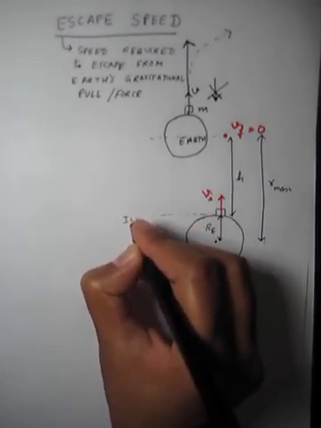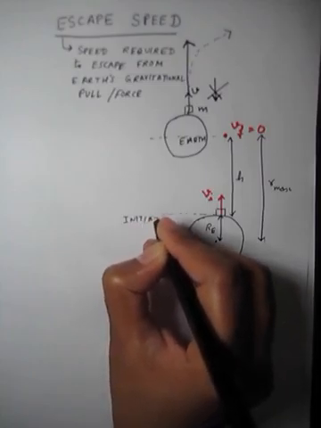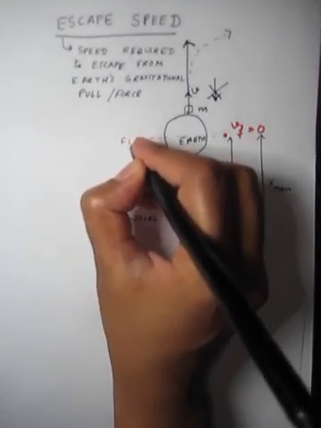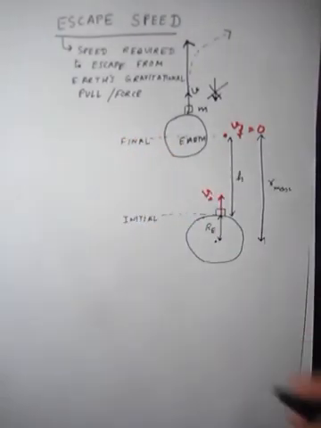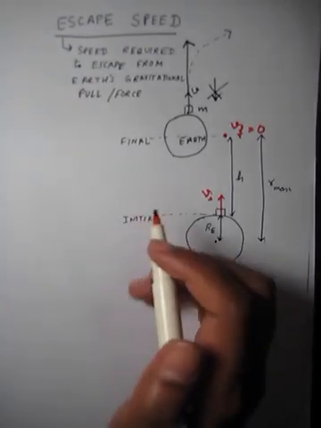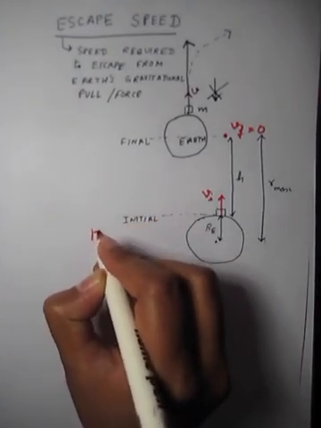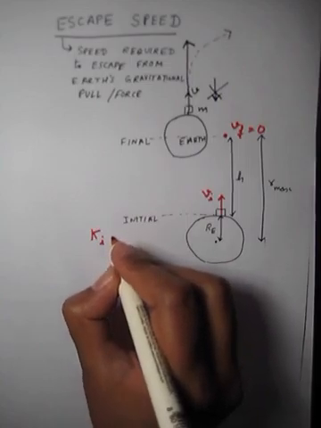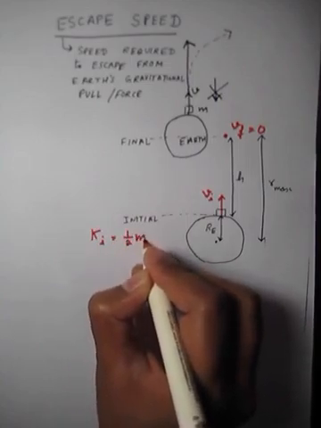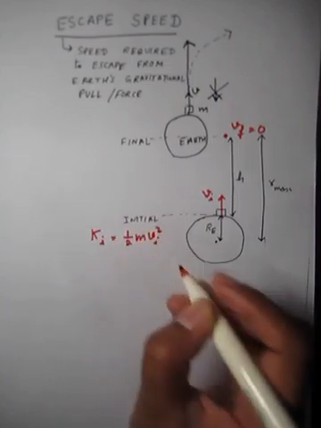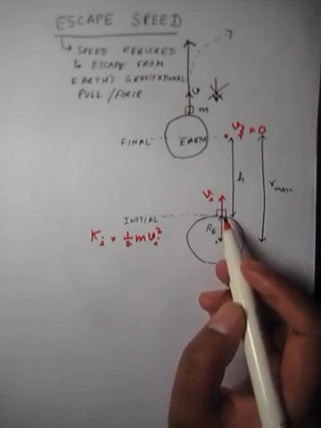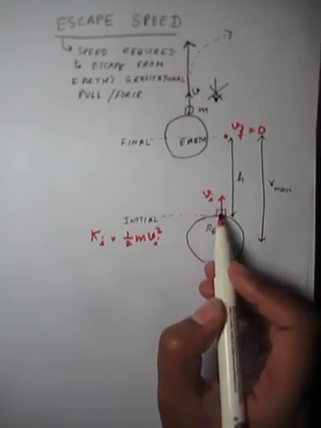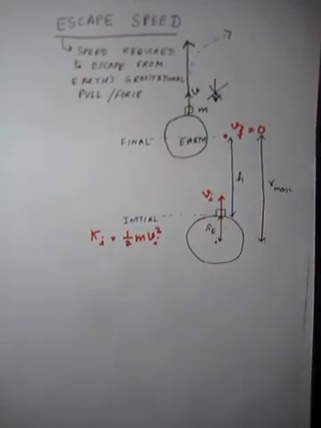Let us say this is initial and this is final. So initially it has a kinetic energy Ki, which will be 1 upon 2 m vi squared. This is because this mass is moving and this is at rest.